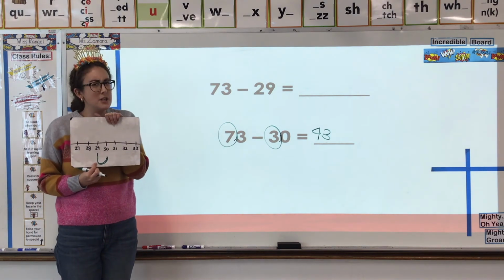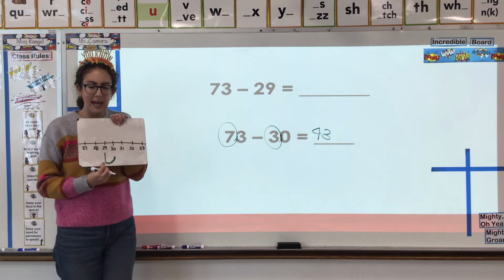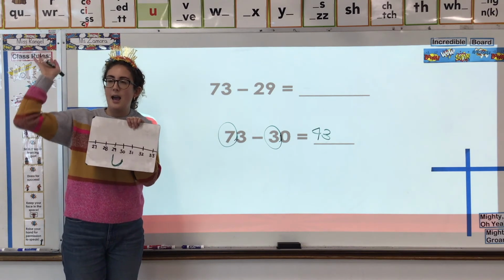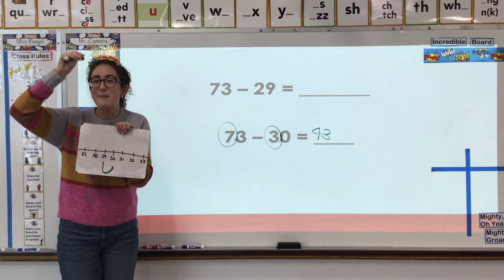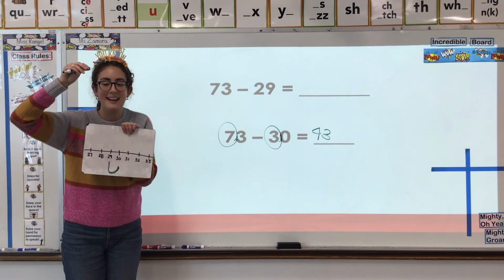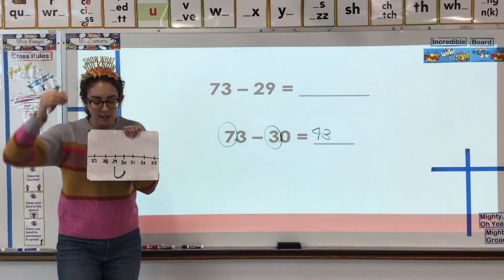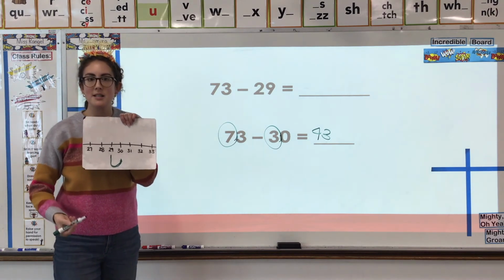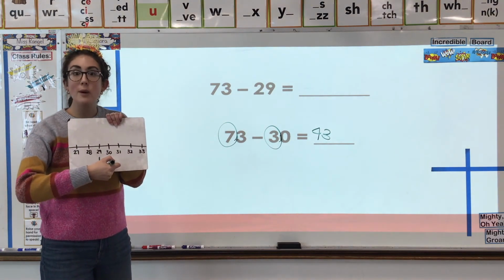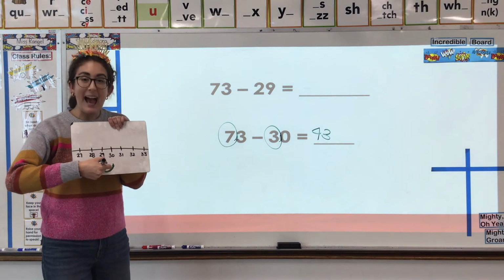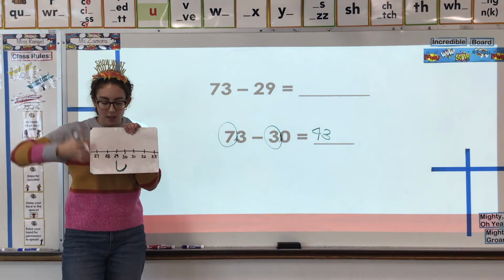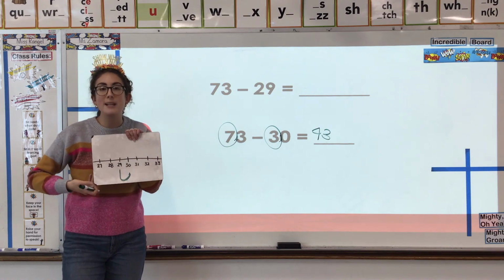So what can we do instead? We can put back something. We can add back a 1. We have to go backwards on the number line. We took away too much, so we have to add back a 1 to have got 29.